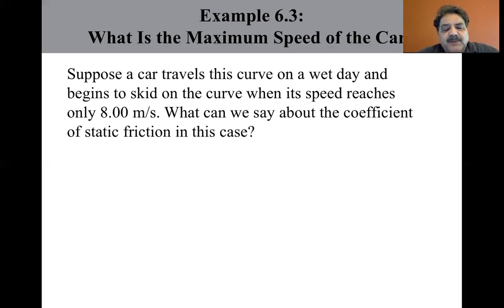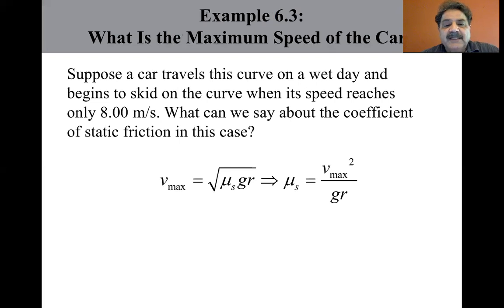To check our suspicion, we can solve our equation for the coefficient of static friction. Vmax is equal to the square root of mu sub s g r, so mu sub s equals Vmax squared divided by gr.